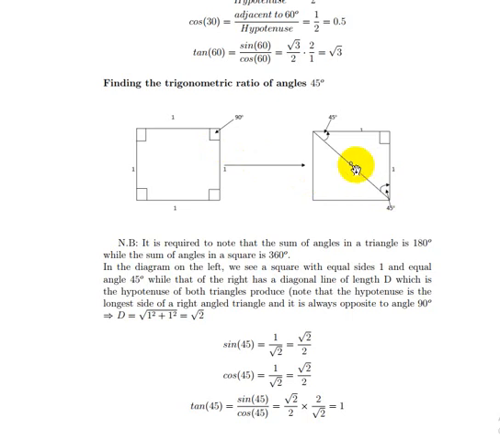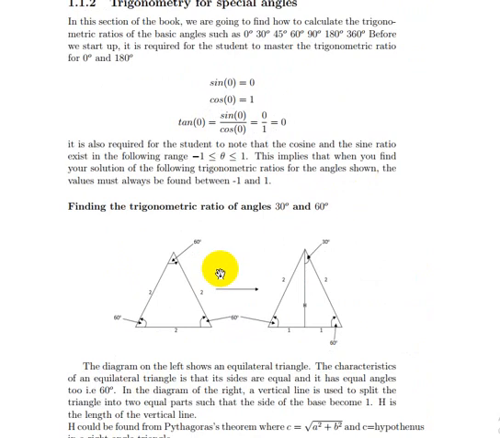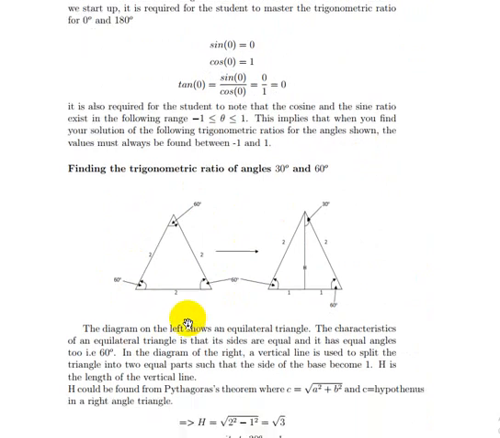From here, we see that a square consists of two triangles. In a triangle, the summation of the angles gives you 180 degrees.